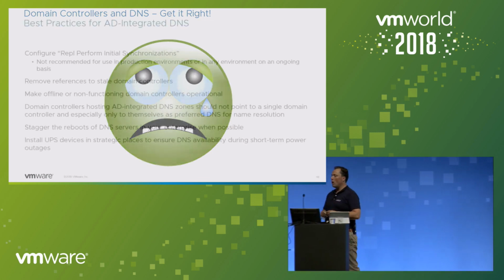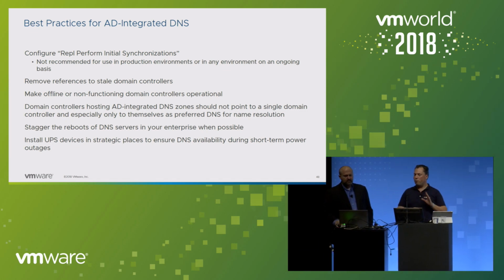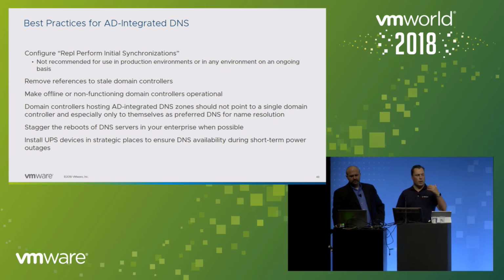So how do you avoid it? Well, at least do not use the REPL perform initial synchronization registry setting because that will get you in an unsupported state. You don't want to be there. What you do want to do is remove references to stale domain controllers that are not even there, domain controllers that you made snapshots of before they were running Windows Server 2012, for instance.